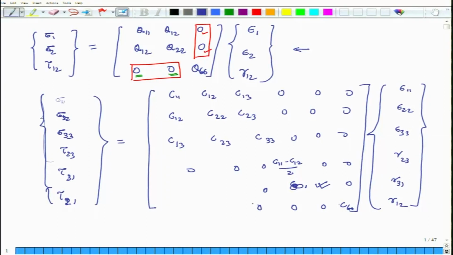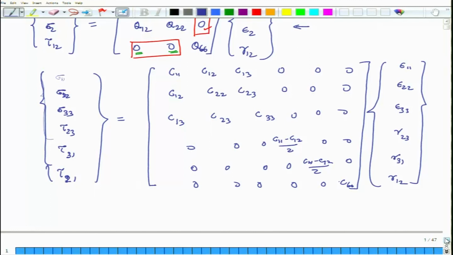So, that is how this matrix is constructed. Okay. So, just to clarify, this is 0, and the fifth term in the fifth row, which is the diagonal term, is again C11 minus C12 divided by 2.